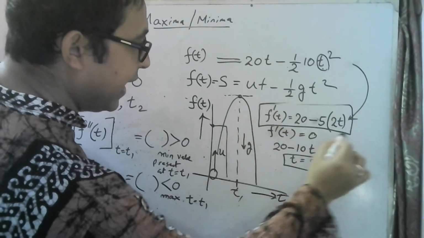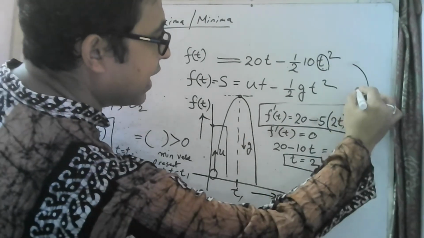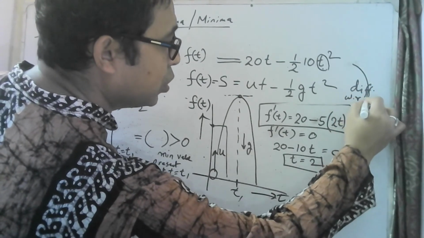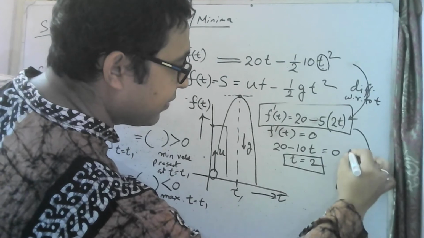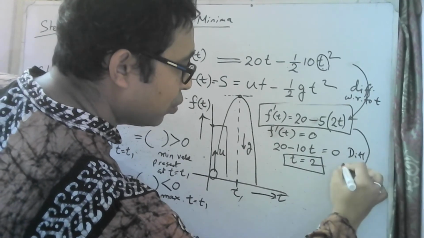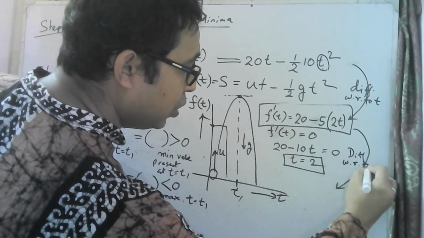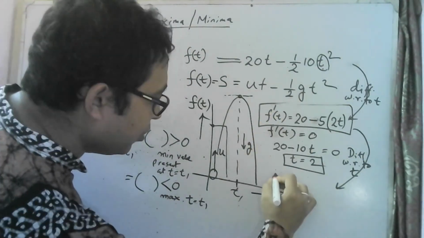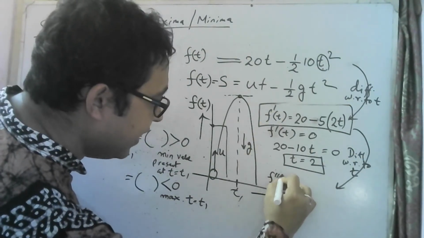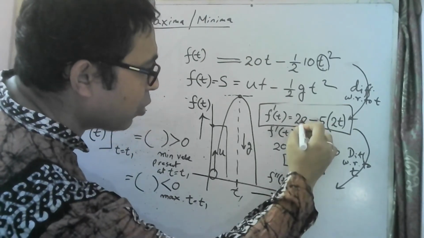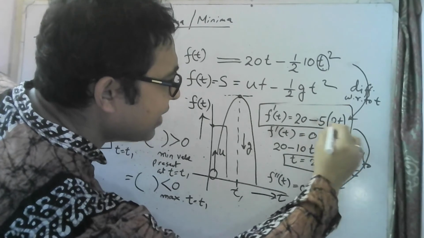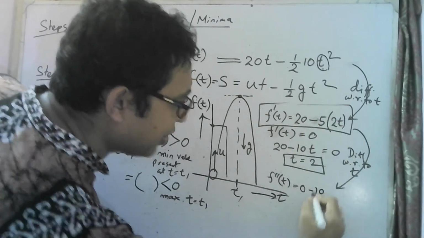I have to differentiate again with respect to t. Differentiating again, f double dash t is equal to: the differentiation of the constant term is 0, we know, and this is minus 10t, so minus 10 is the constant.